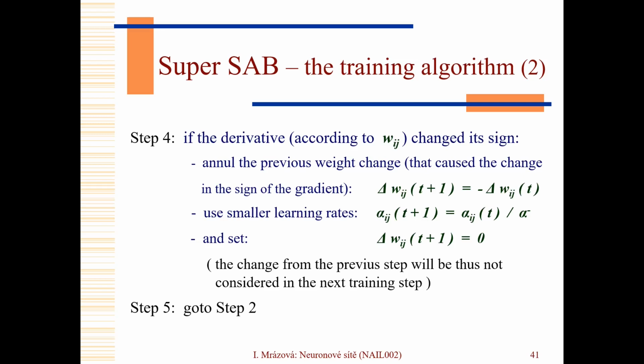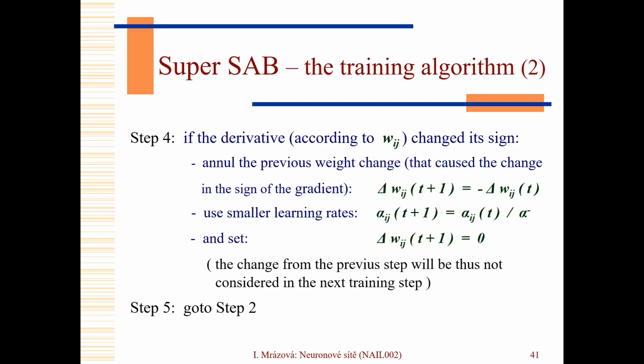This setting of the weight change equal to 0 occurs here because we are using the weight adjustment with the momentum term. So in order to not make the wrong steps, we shall annul the part of the momentum terms used for adjustment.